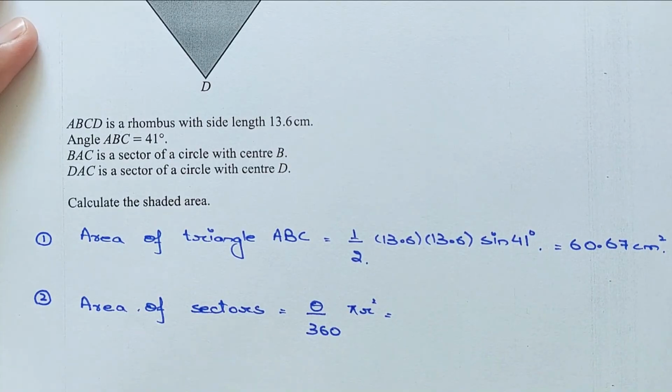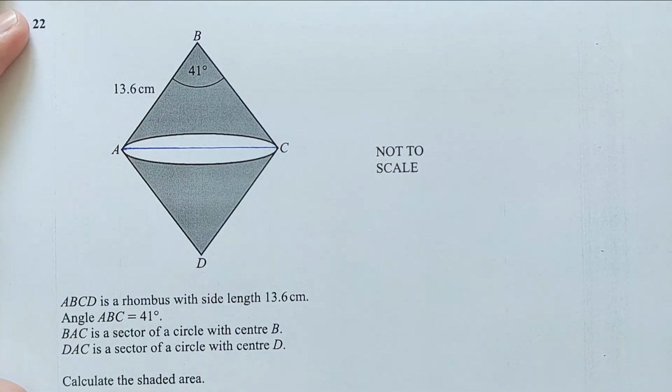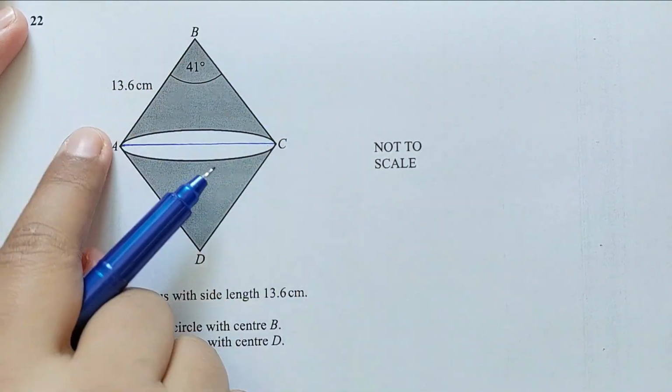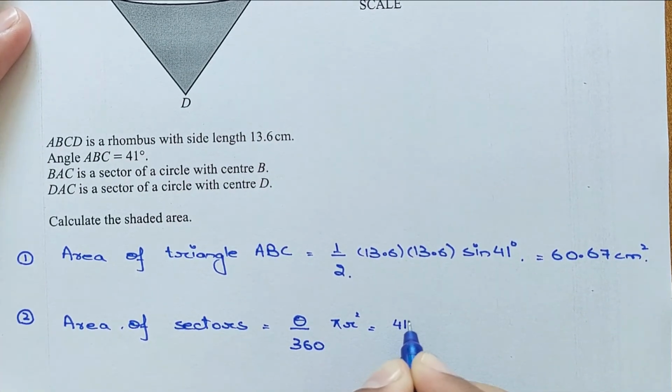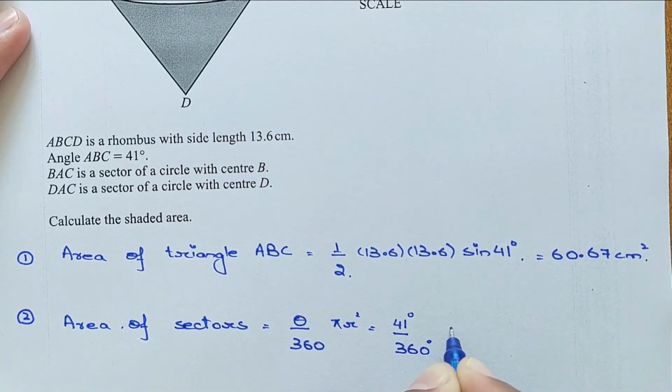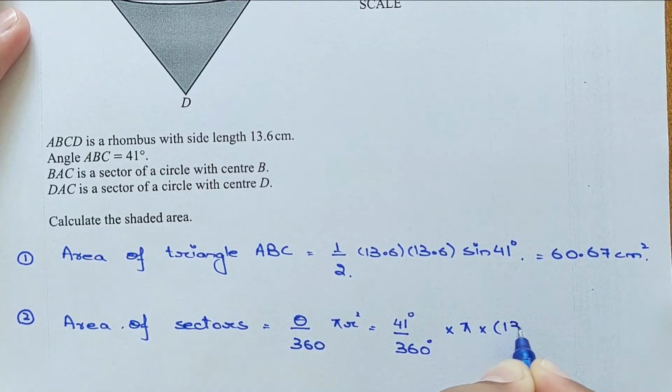Theta we are given, which is 41 degrees. If I consider the sector BAC, theta is 41. So 41 degrees over 360 degrees times pi, times the radius, which is 13.6 centimeters, squared.